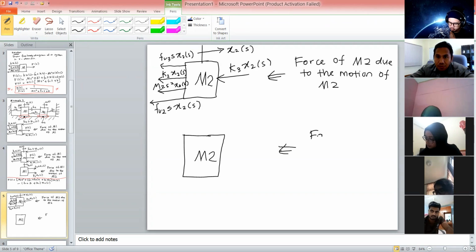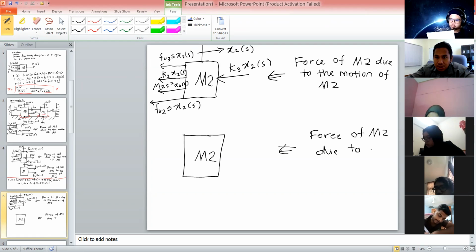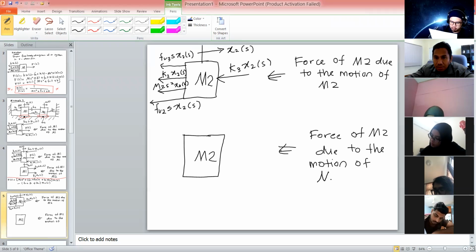This is the force of M2 due to the motion of M1.